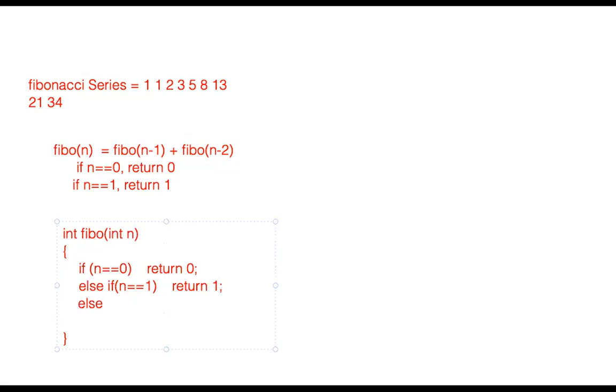Else, we can directly put that equation: Fibo of n is equal to Fibo of n minus 1 plus Fibo of n minus 2. We can put this statement here.